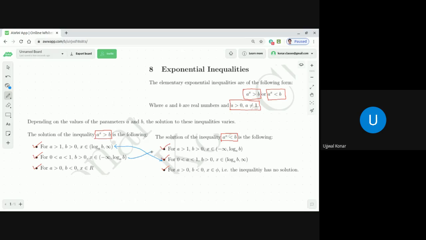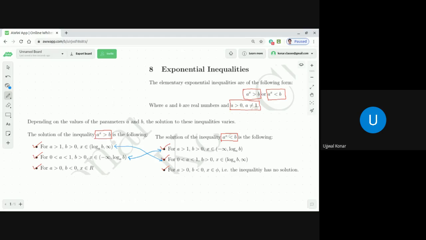Correct, dear students? Able to make this correspondence. And when a > 0 and b < 0, this is such an obvious case. a^x > b has the solution set of all real numbers, and a^x < b has no solution for a > 0, b < 0.